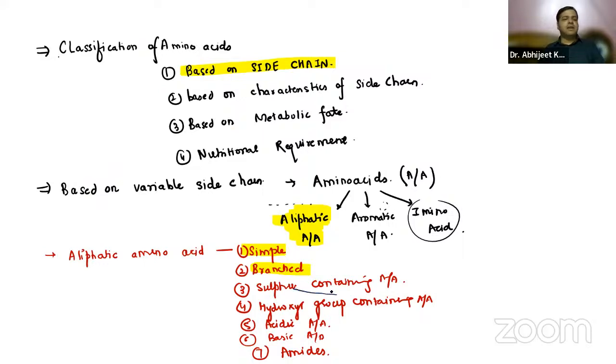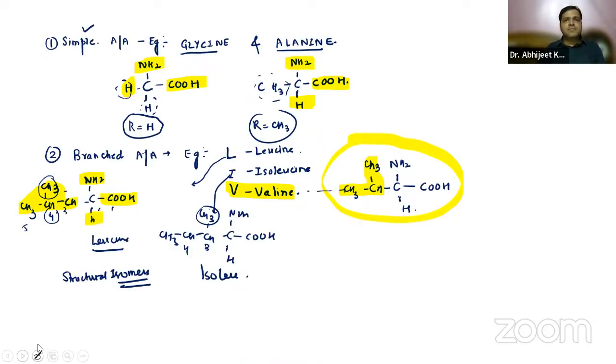Now we have sulfur containing amino acids. Let me write it over here. The third one is sulfur containing amino acids: cysteine and methionine.